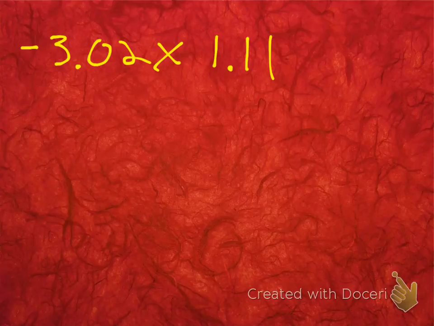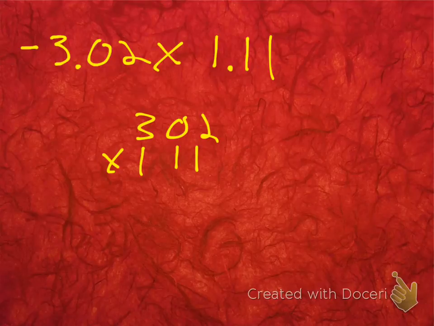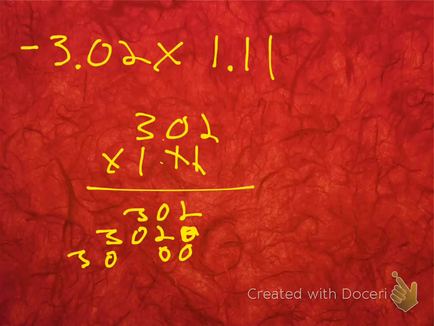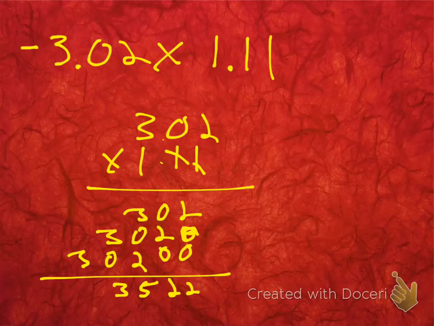So I multiply just like I have anyway. How many decimal places did I have to begin with? 1, 2, 3, 4.